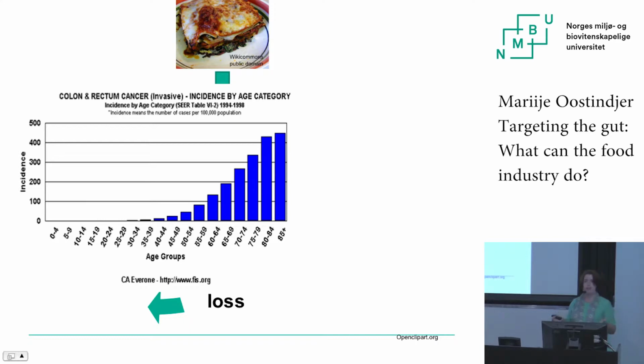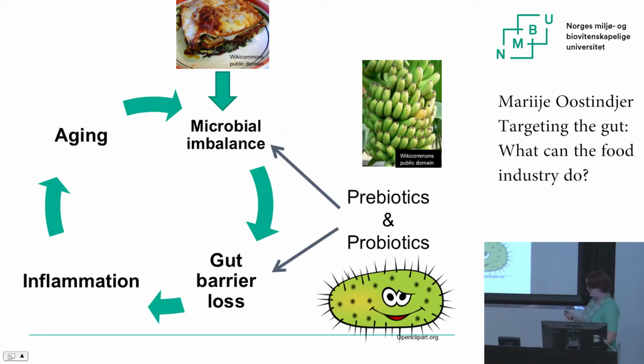So it's important that you age healthily, and that your gut also ages healthily. This is why there's been a lot of interest in using prebiotics, which are the fibers that I mentioned earlier, the fibers that have an effect on microbial composition in your gut, as well as probiotics, which are the bacteria themselves, which we consider good for health.